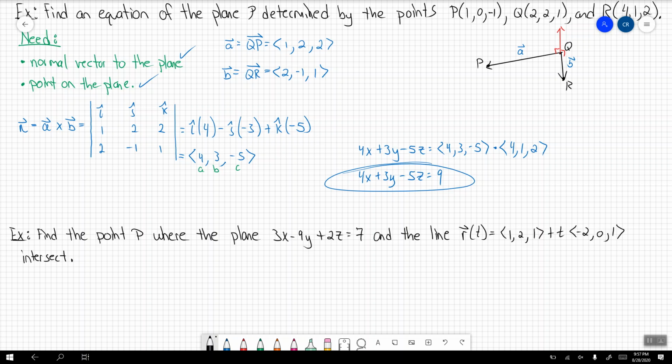So we want to make sure that we find this point of intersection between the plane and this line.